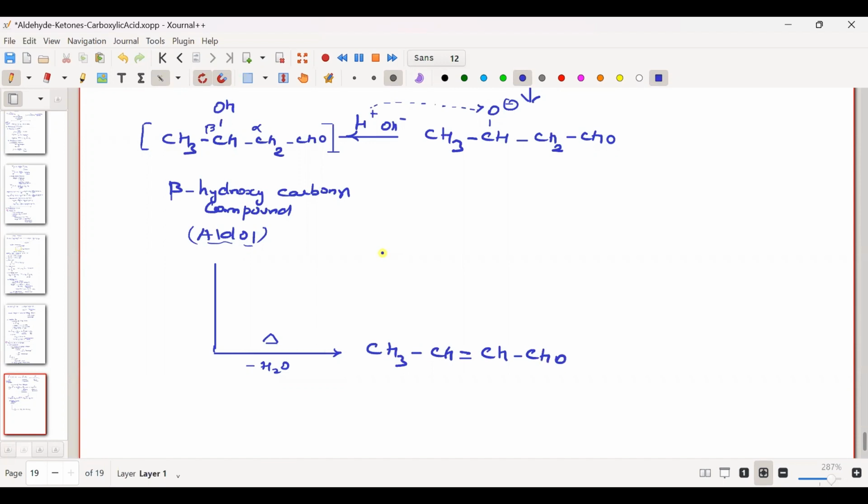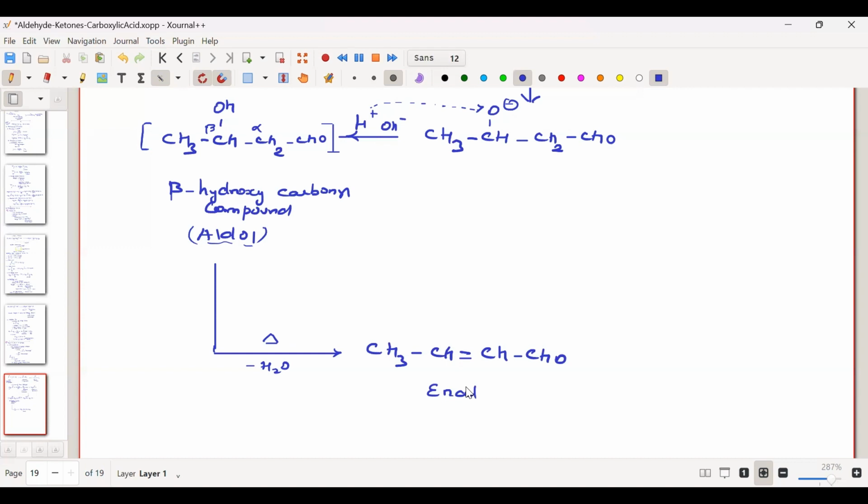What is this called? You have a double bond and an aldehyde. This is known as enal. EN stands for double bond, AL stands for aldehyde. Understood? Yes.